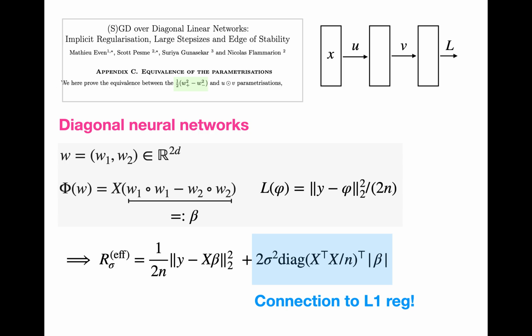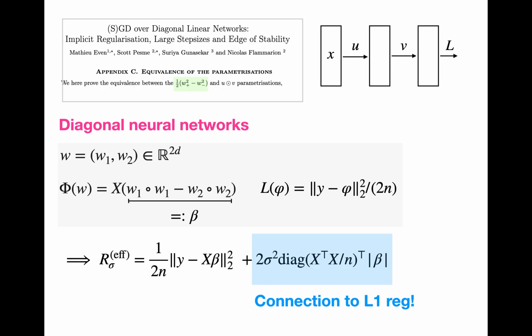So again, this is equivalent to linear regression, of course, because what you can do is call beta the vector w1 scalar product w1 minus w2 scalar product w2. So you actually have that in terms of expressivity, you're not going beyond linear regression.